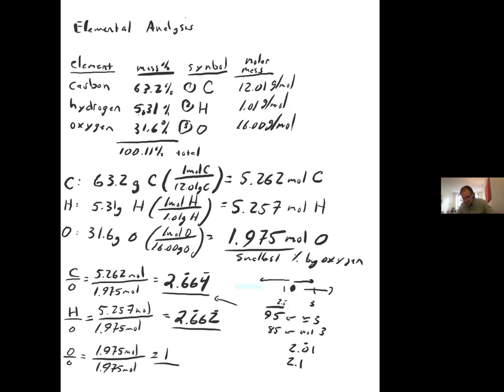Okay, so here's how you deal with it. We deal with it very similarly to how we dealt with the 0.5. So if I have 0.5 and I multiply it by 2, that gives me a whole number, right? So for example, 1.5 times 2 is 3. If I have 0.66 and I multiply that by 2, that doesn't give me a whole number.